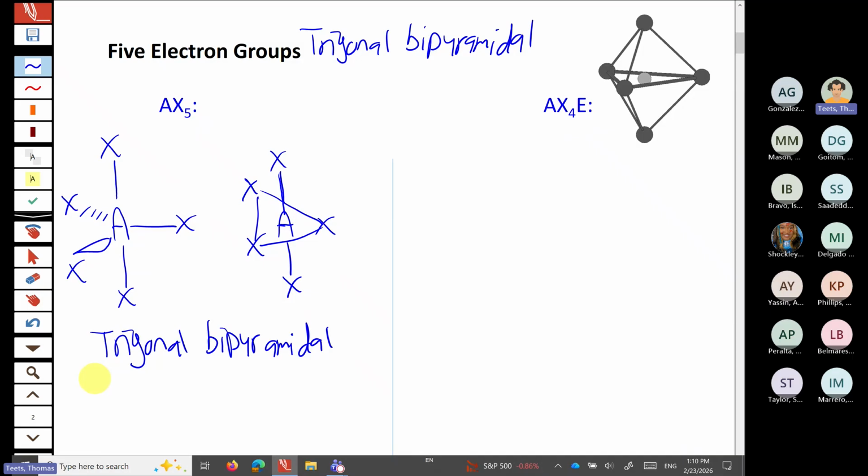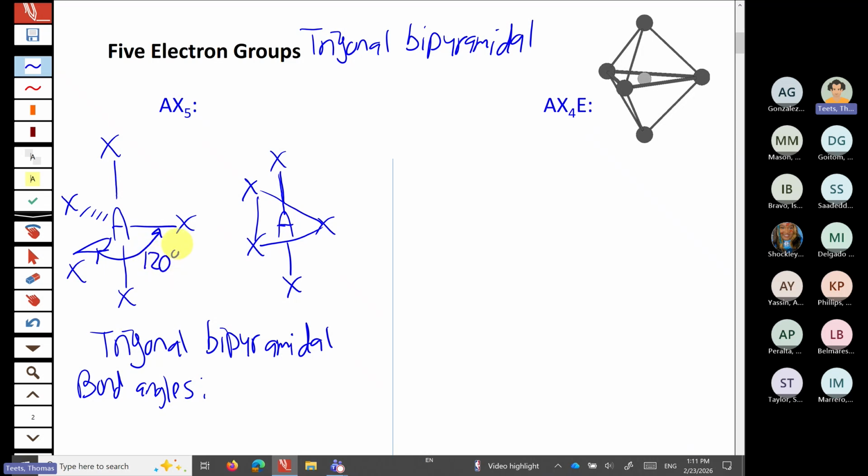Now, the key difference here with this one and the other ones, which we kind of hinted at in the description earlier, is that we no longer have all of these positions being equivalent to each other. And you can kind of see that by looking at the different bond angle possibilities. So within the trigonal plane, all 3 of those atoms are still going to be 120 degrees apart.